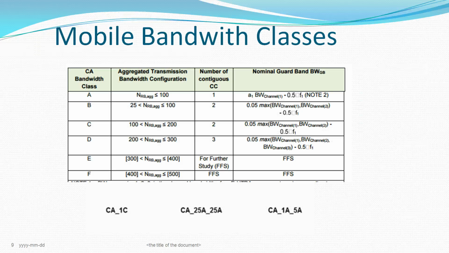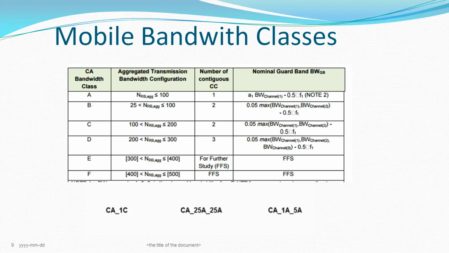So let's talk about these different bandwidth classes. According to 3GPP, right now there are 6 different bandwidth classes: A, B, C, D, E, and F. E and F are for further studies at this point. If a device is bandwidth class A, it means it can aggregate a maximum of 100 resource blocks, which equals 20 megahertz on one component carrier at the same time.